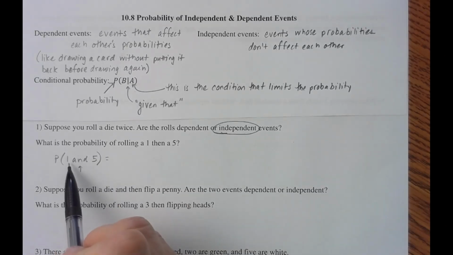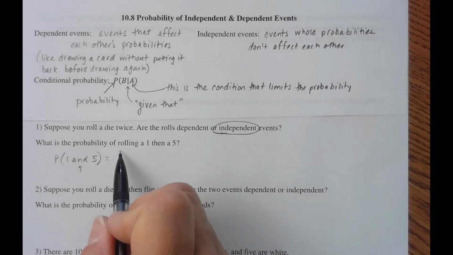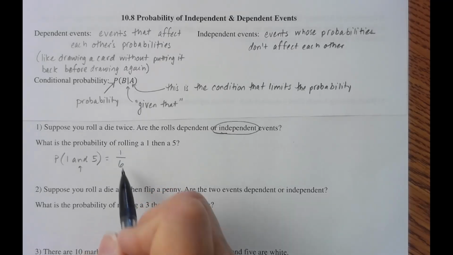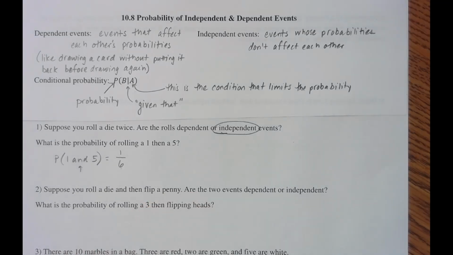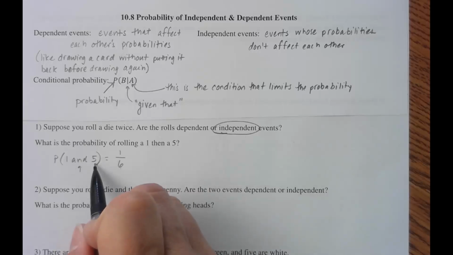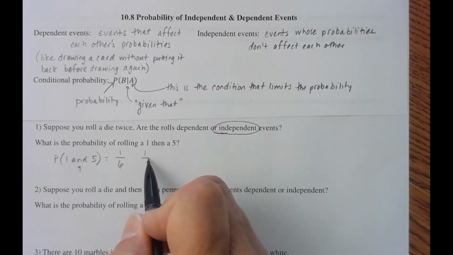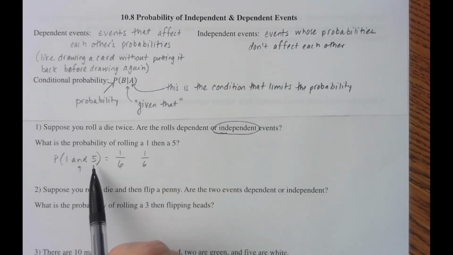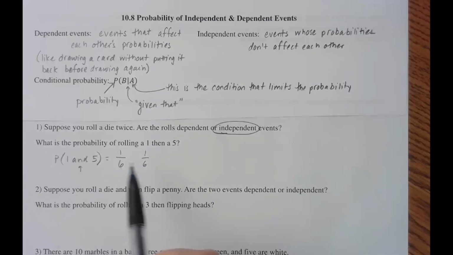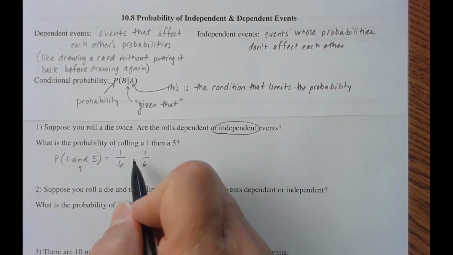First, the probability of rolling a 1 is 1 out of 6. There are 6 sides on a die, and there's just one 1 on the die. The probability of rolling a 5 is 1 out of 6. There's 1 5 and 6 items.